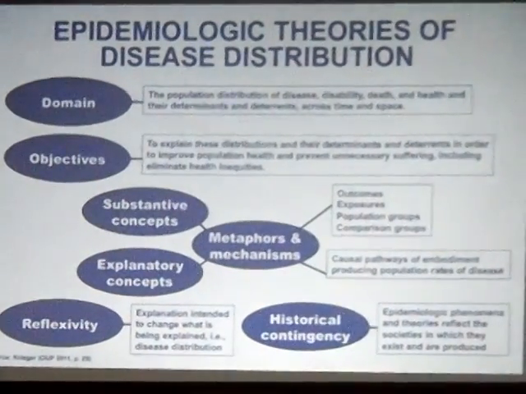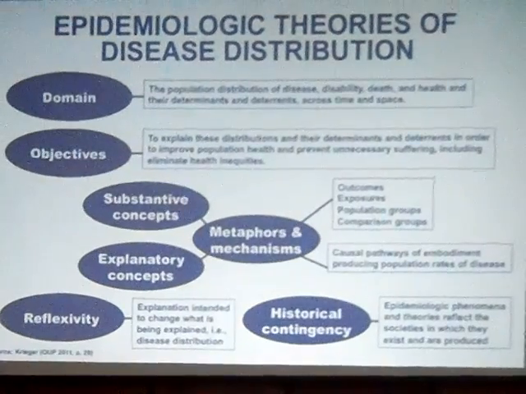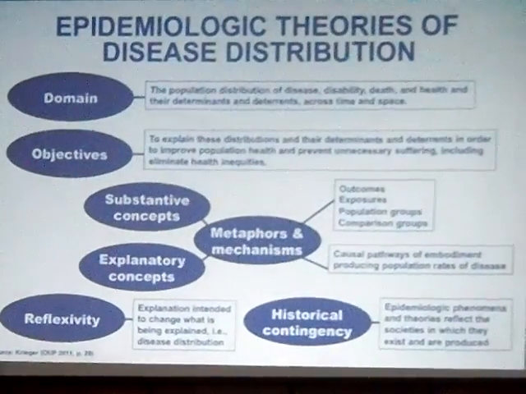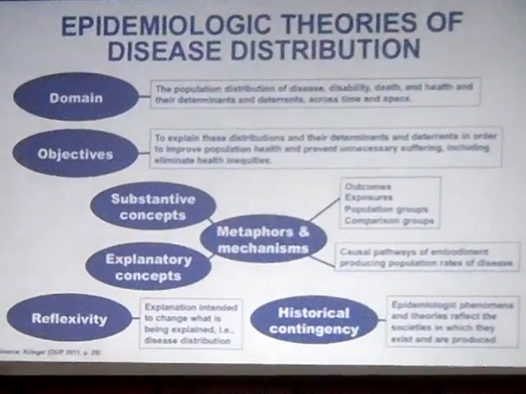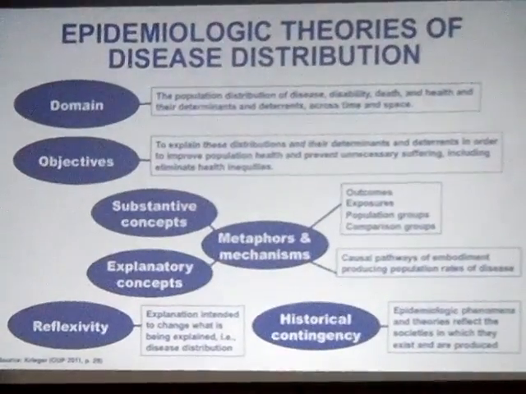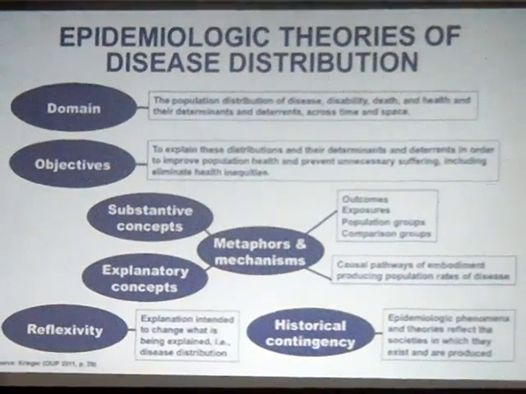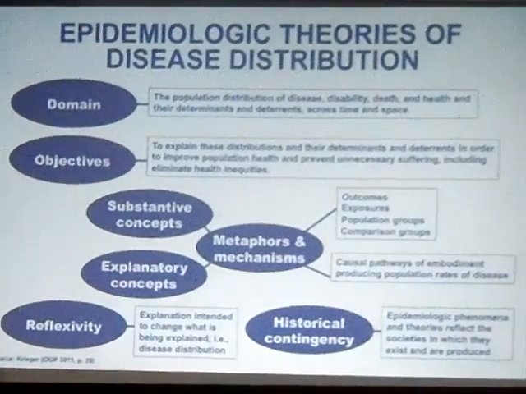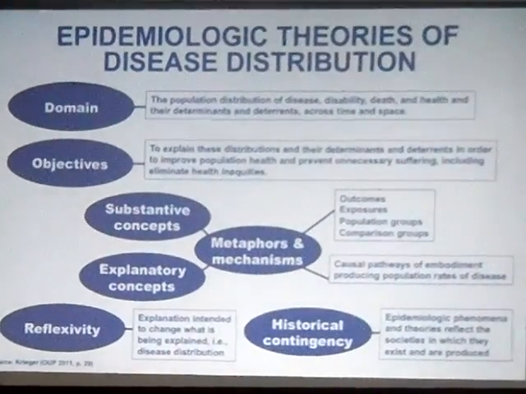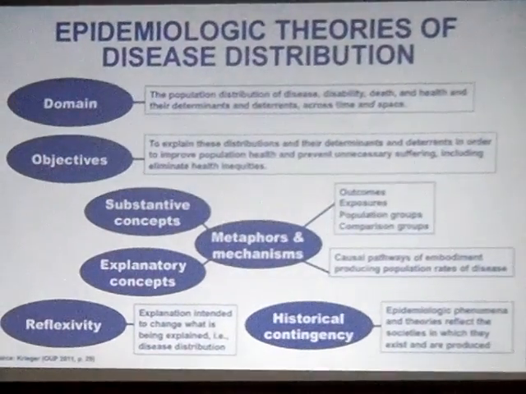The objectives, in this case, to generate explanations of disease distribution relevant to improving population health, and most explicitly in the case of social epidemiology, reducing or eliminating health inequities. Third, substantive and explanatory concepts, which for epidemiology are about outcomes, exposures, populations, comparison groups, and causal pathways, each informed by metaphors that influence the kinds of causal mechanisms proposed.